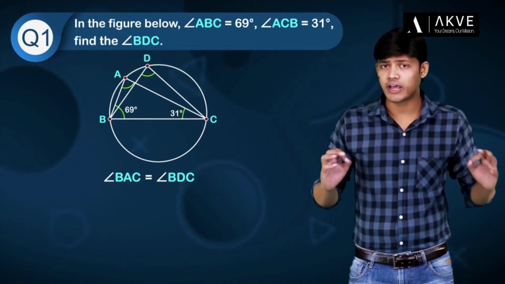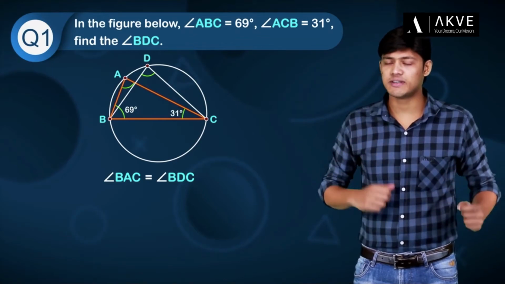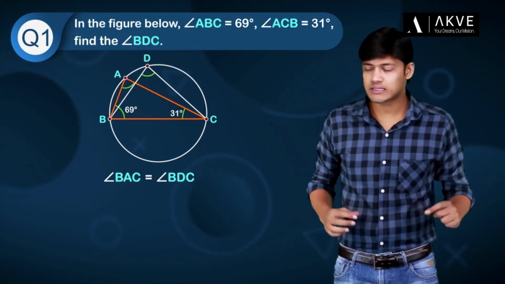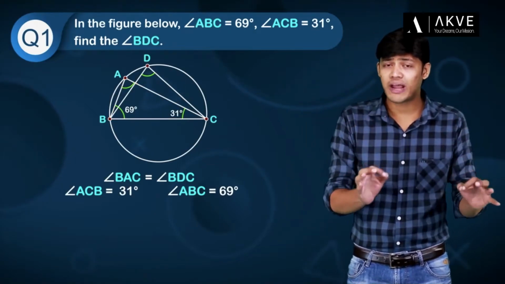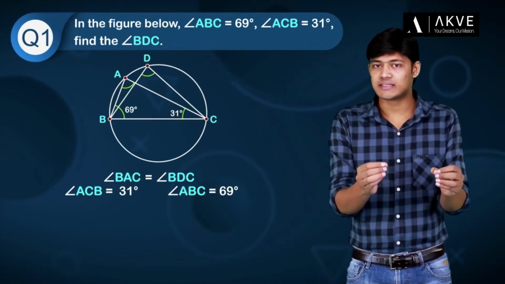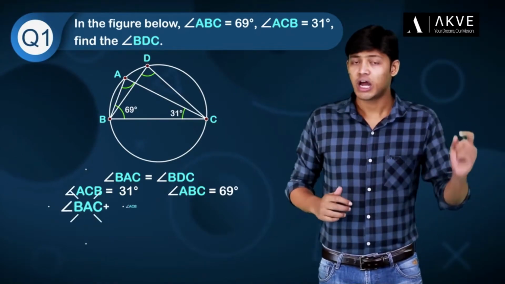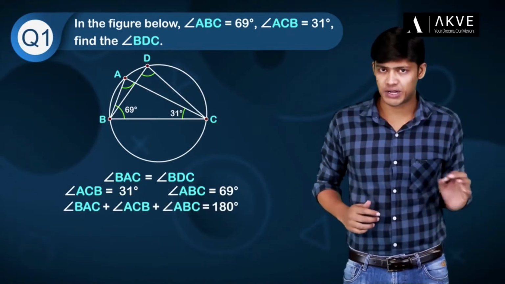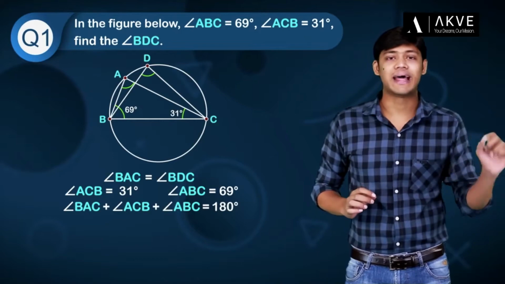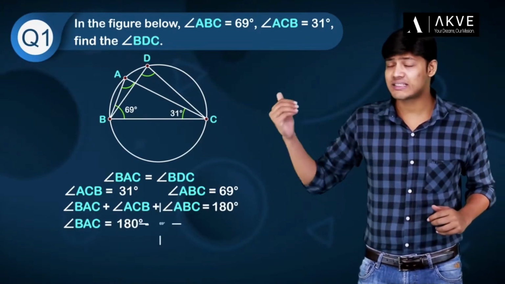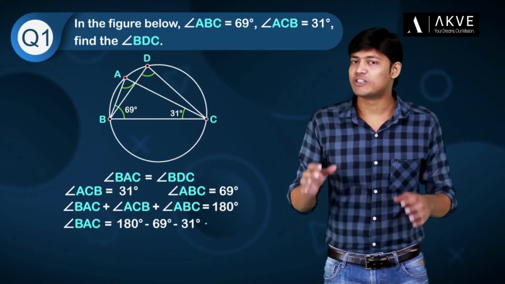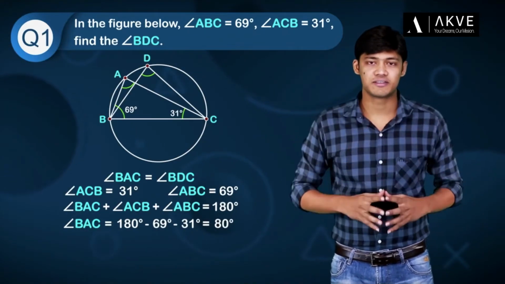Now if you observe carefully, in the triangle ABC, we know both the angles ACB and ABC. So we can find the angle BAC from this information using the angle sum property. So therefore the angle BAC will be equal to 180 minus 69 minus 31, which is nothing but 80 degrees.